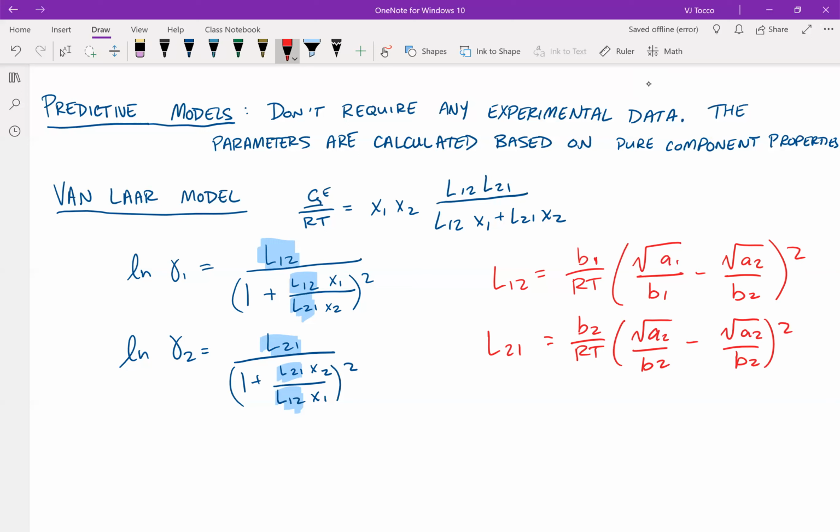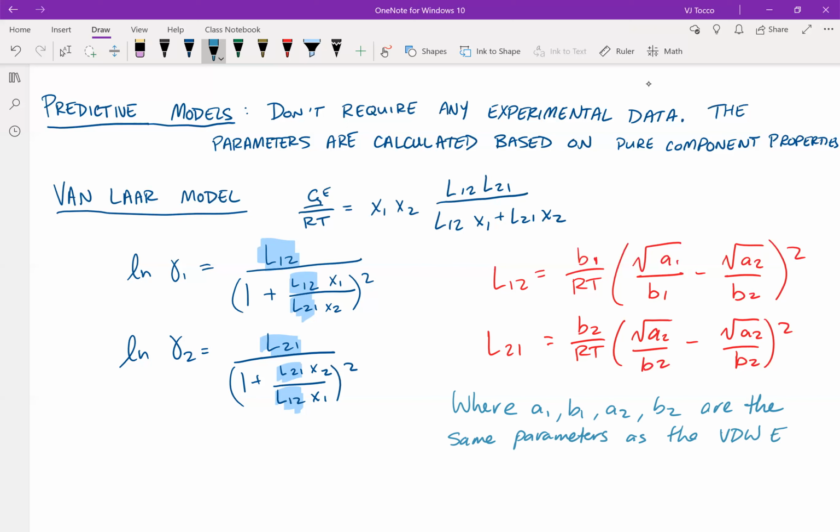Now, you may be wondering what A and B are, and these are terms that we've seen before. A1, B1, A2, B2 are the same parameters as given in the van der Waals equation of state.